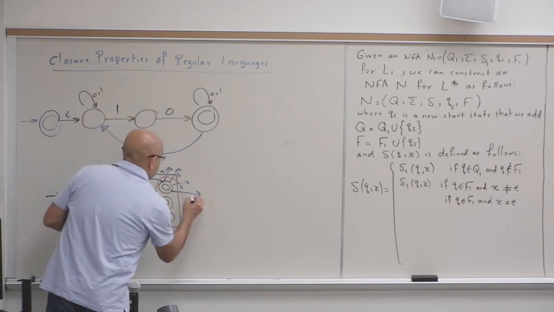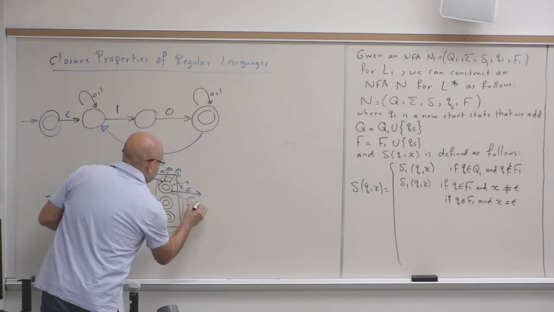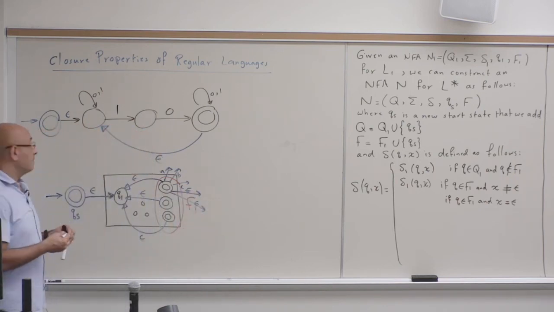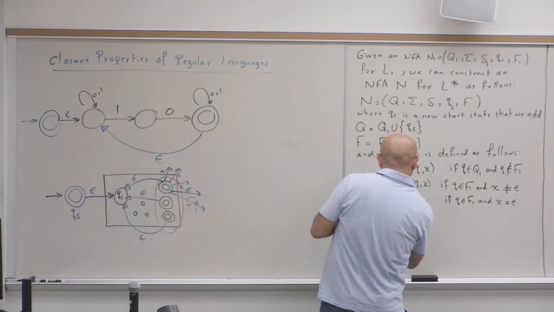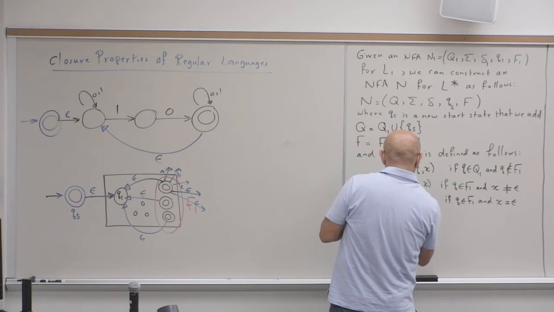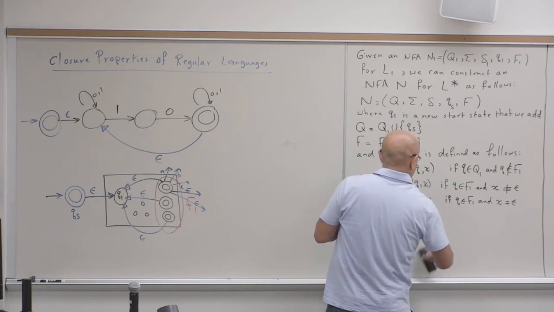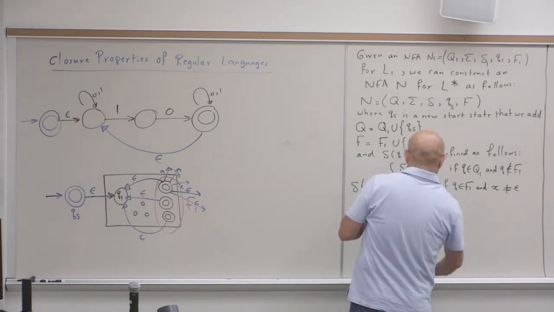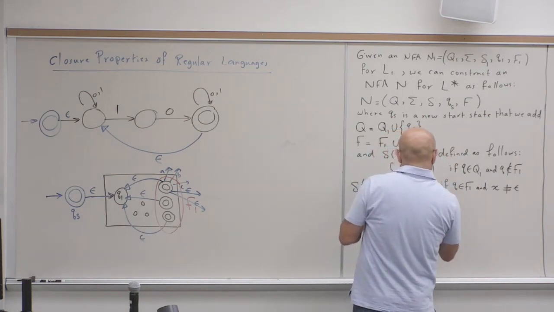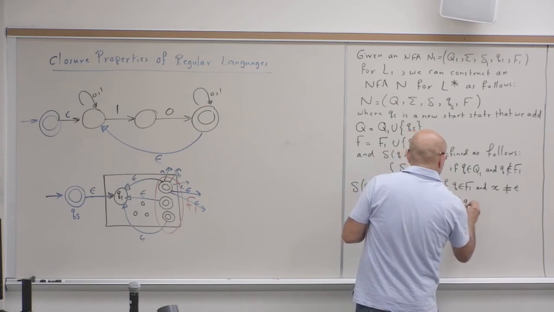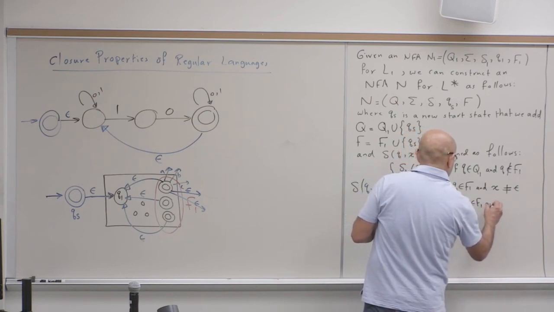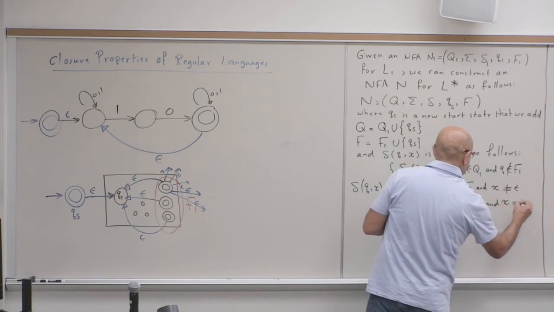So this may have had some epsilon transitions before. That's why this is going to be delta 1 of Q and X union the set Q1 if Q belongs to F1 and X equals epsilon.